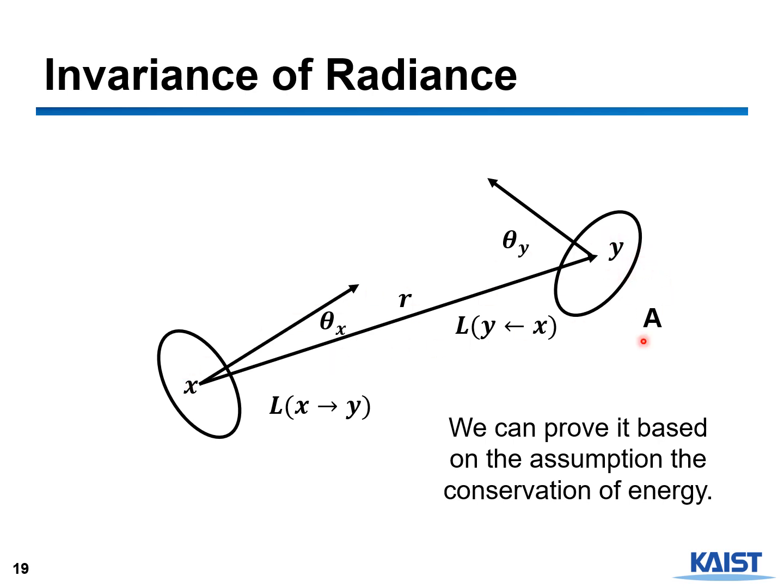So we can define the radiance here and there, and then prove that they are equal to each other. Back then I used this problem as a homework, but if you're interested, you can refer to my book.